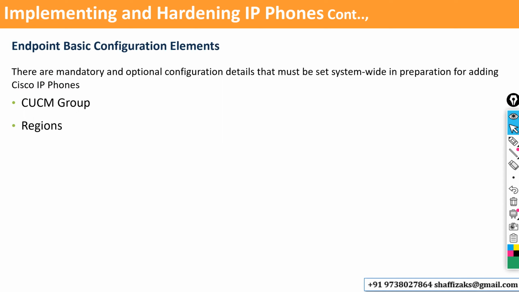And both ends should have the same codec. That is very important. If the codec mismatches, the call will not establish, the call will get dropped. Many issues come if the codec mismatches. Remember, codec is mandatory and both ends should have the same codec.